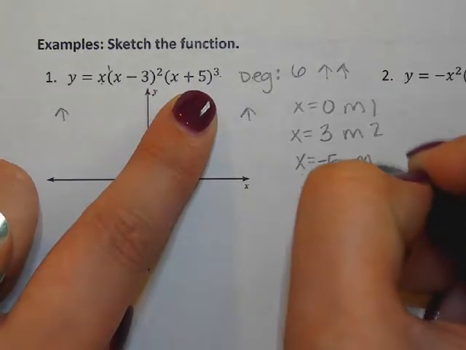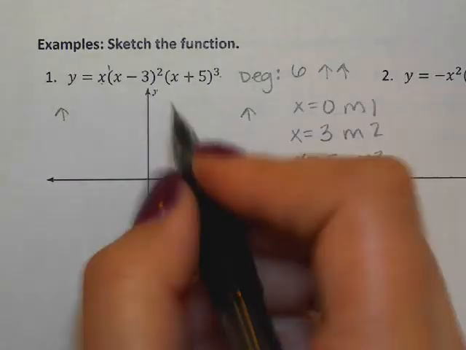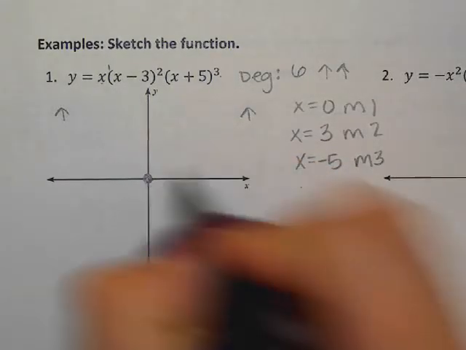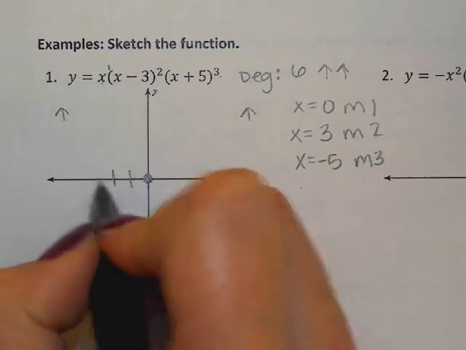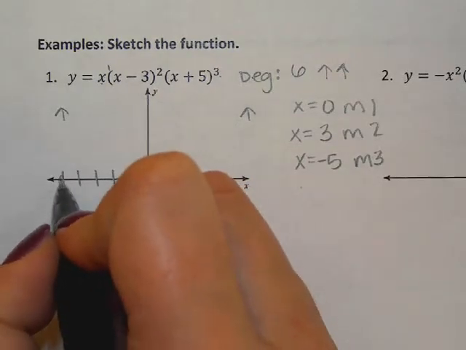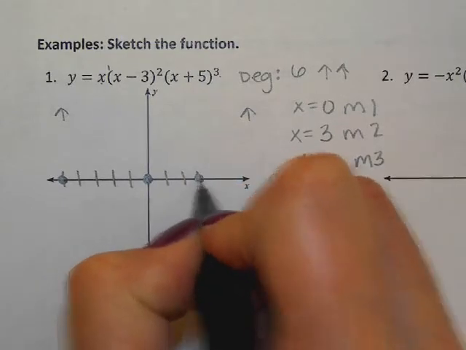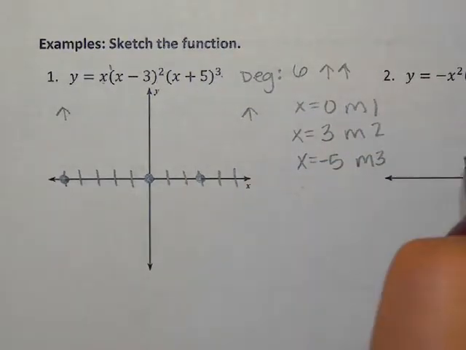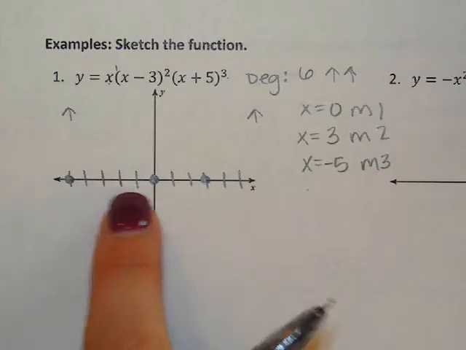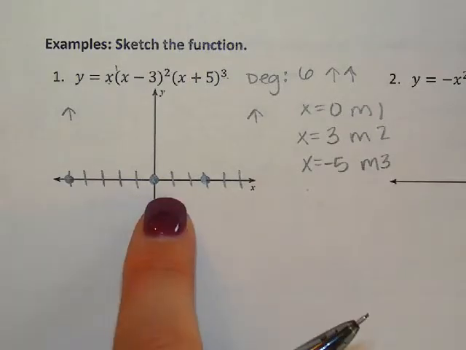3. Okay, so now I go through and I say I have an x-intercept at 0, 1, 2, 3, 4, 5. 1, 2, 3, 4, 5. I need you to always put the little lines there to count, because if you don't, then it's a problem like number 13. Did you guys do number 13?